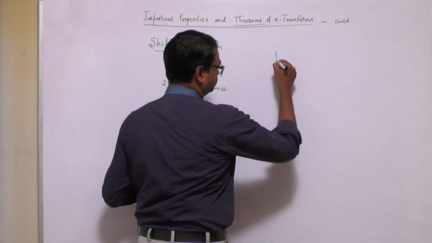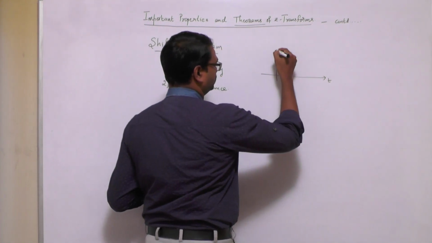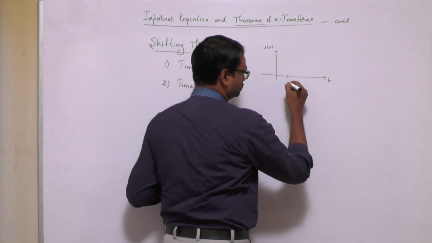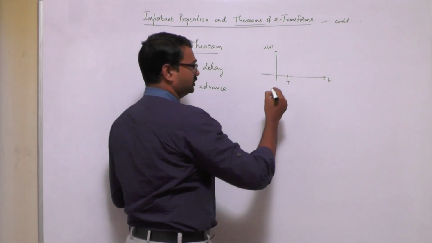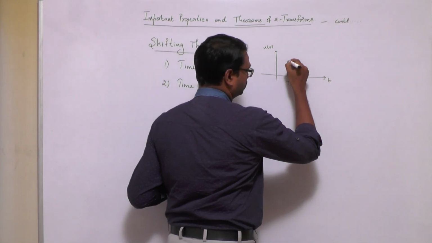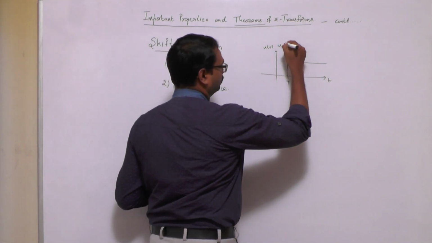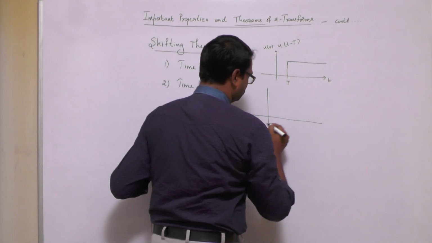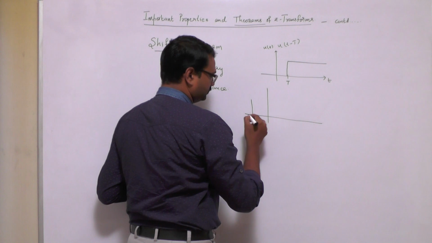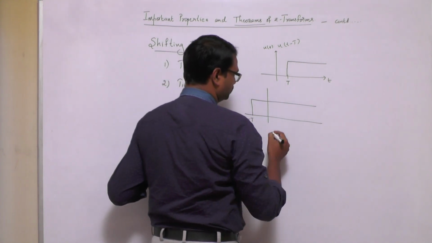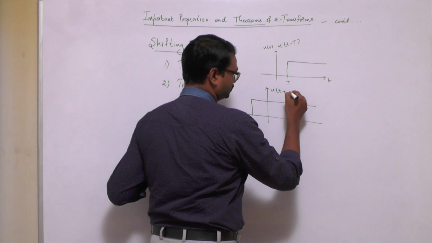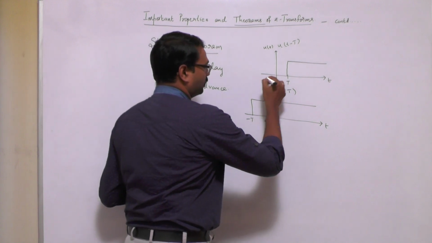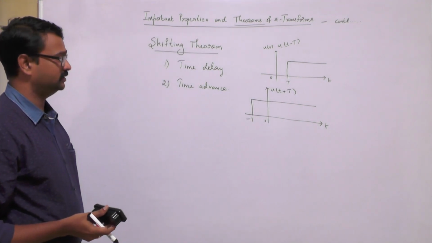That is, if a function u of t is shifted by t seconds, this is delayed, then it is u of t minus t. Now, if any function is advanced by t seconds, then it is u of t plus t. This is a time delayed function and time advanced function.